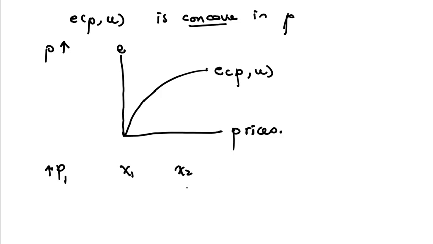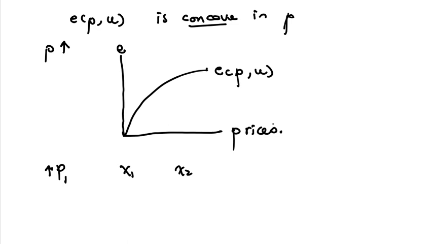So as a result, when the consumer can substitute some amount from X1 to X2, the expenditure increases not at an increasing rate but at a smaller rate. That's why it leads to concavity, because you can easily substitute the product with a less expensive item.